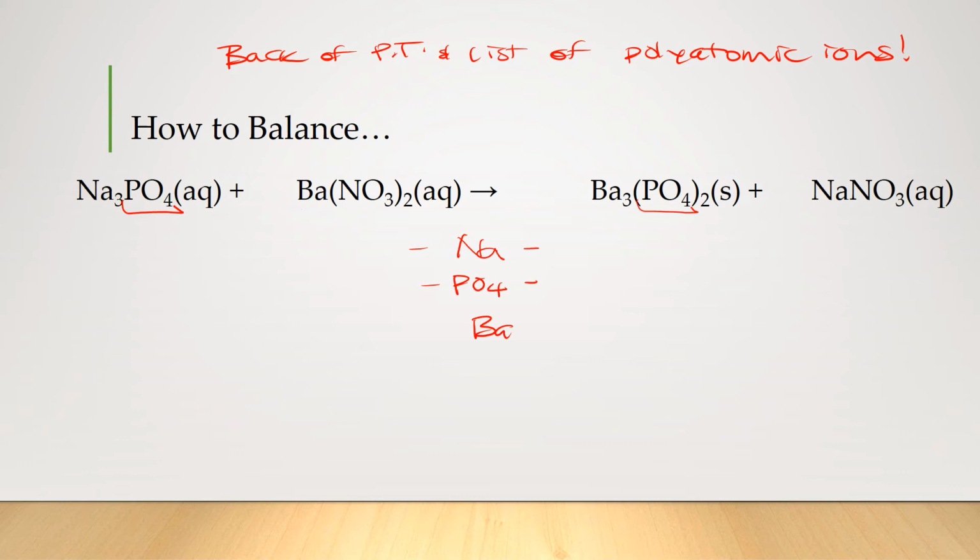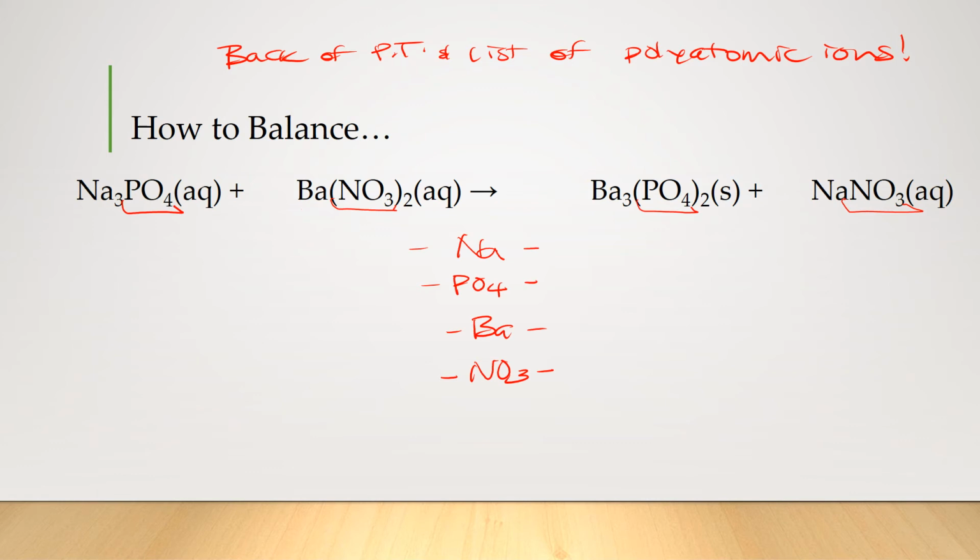Oh look, I've got another polyatomic ion. That's NO3. That's on the back also. That's nitrate. And because on the left and on the right, they're exactly the same, I can list them as one thing because they're traveling as a group. They're traveling as though they're just a single element.